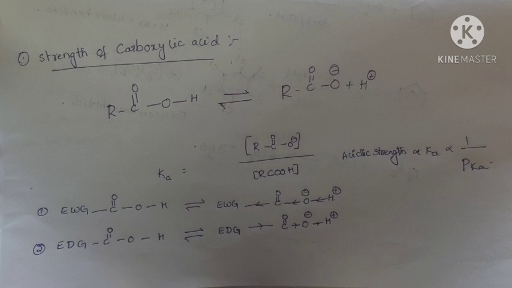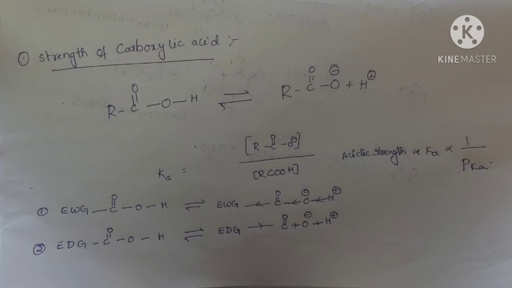The acid strength is directly proportional to the stability of the acid anion. Thus, the strength of acid is a function of the stability of the acid anion. So the inductive effect on acidity can be summarized like this.